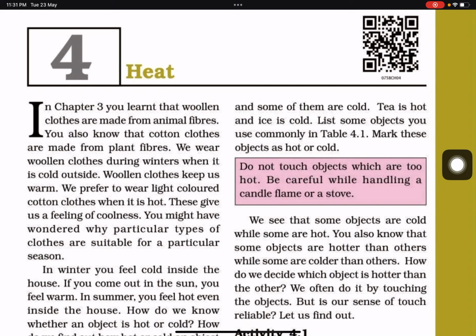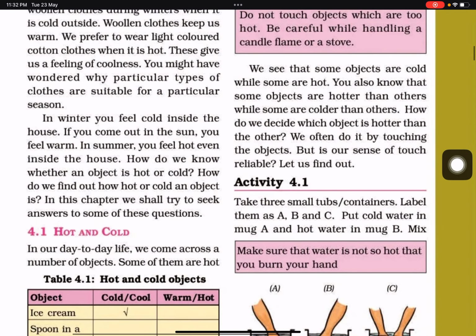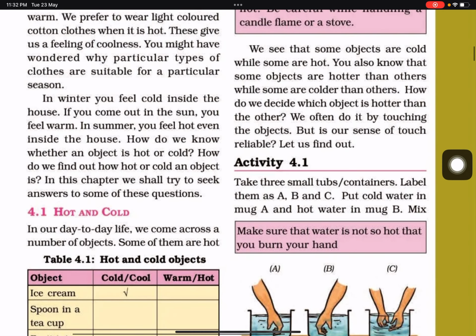So you might wonder why we wear a particular type of clothes in a proper season. It is because it helps us to fight against the harsh winter or harsh summer.